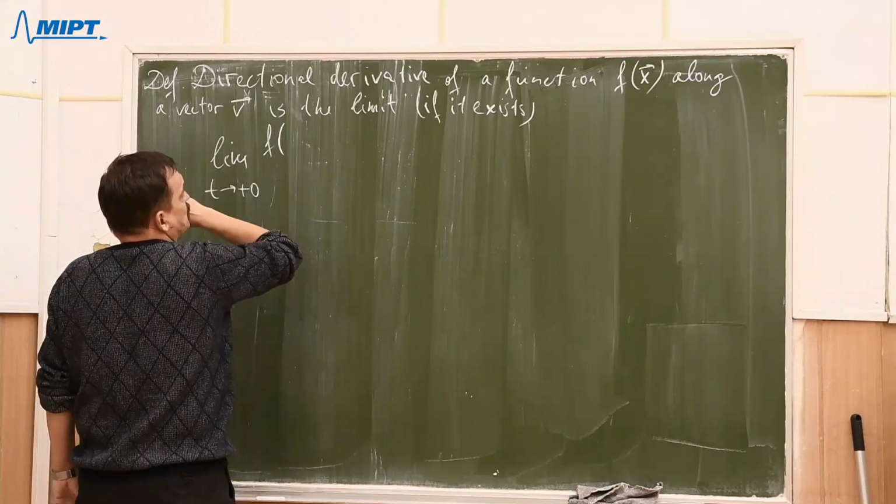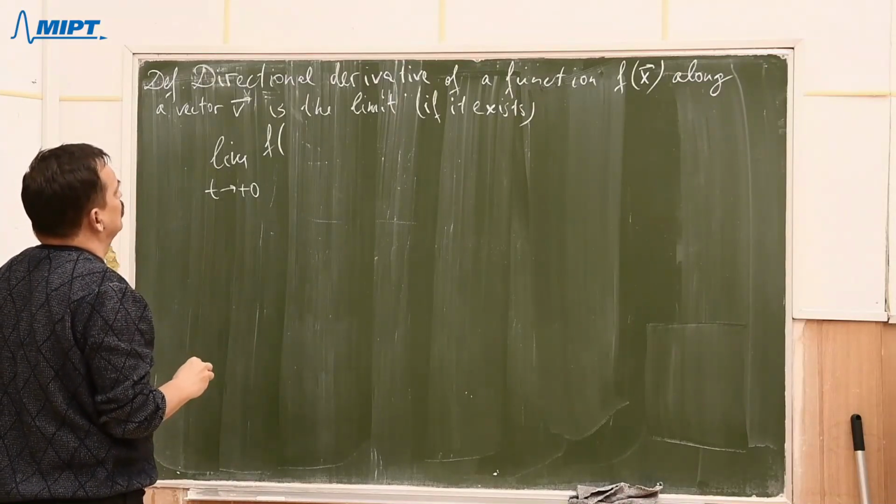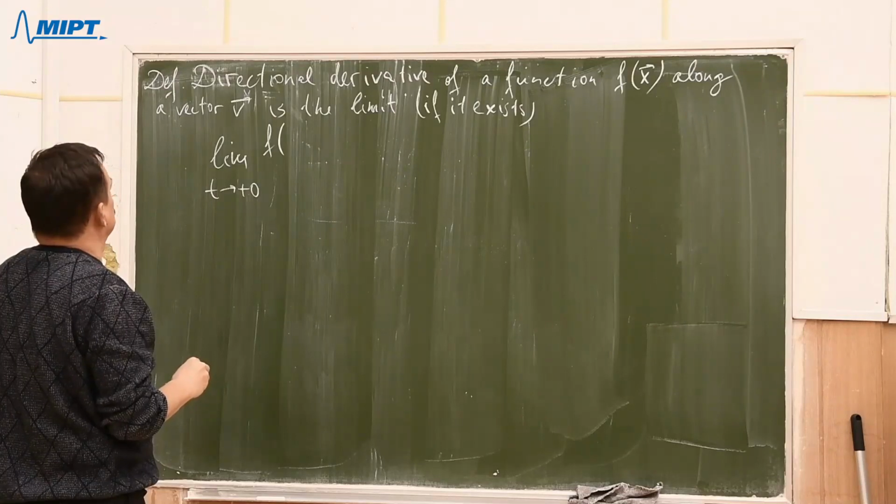So I forgot to indicate which point; this is the limit of a function along a vector.